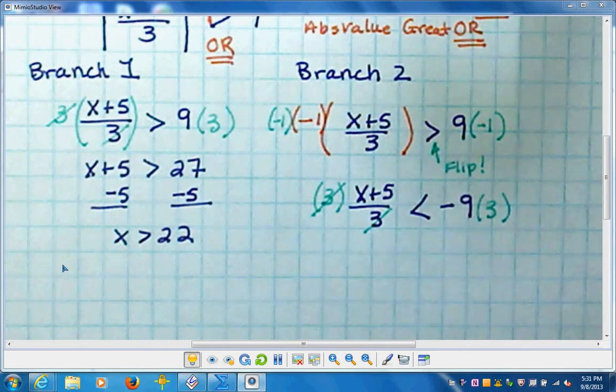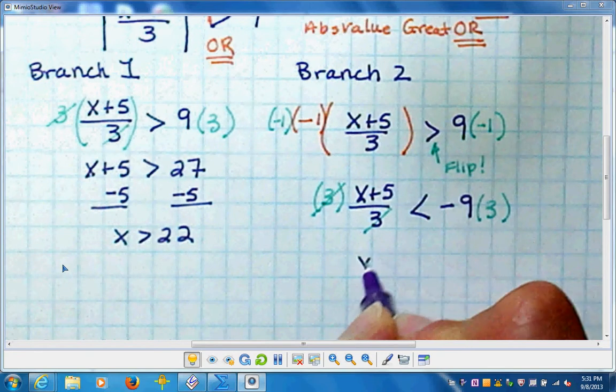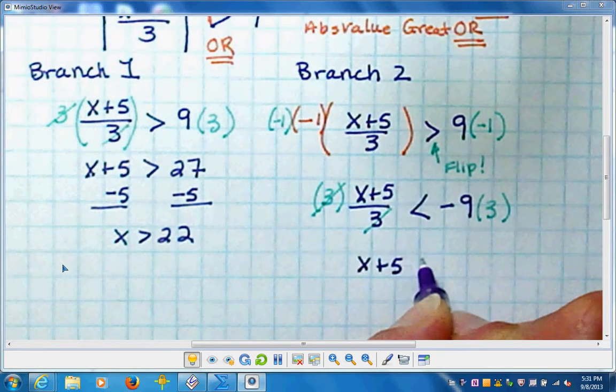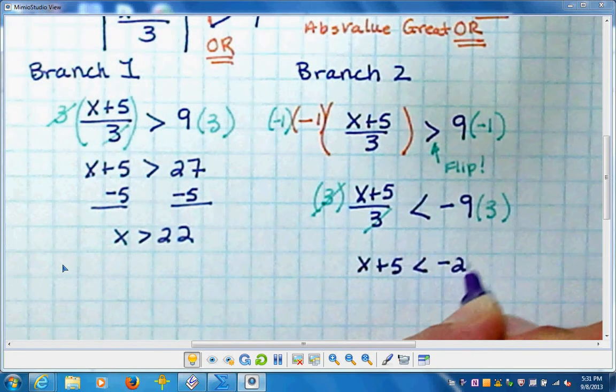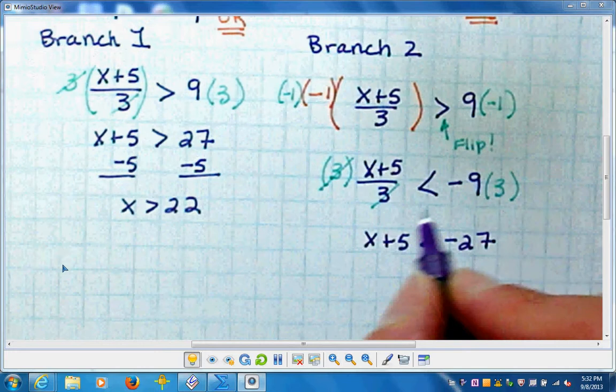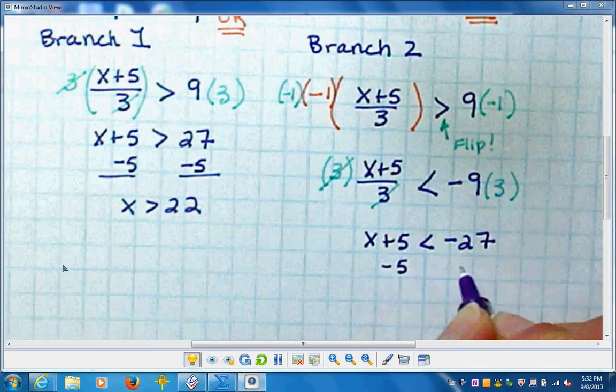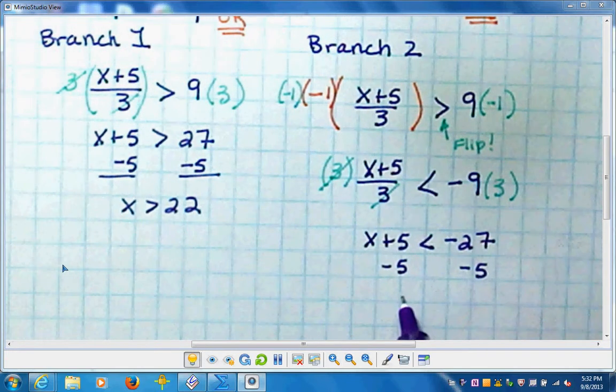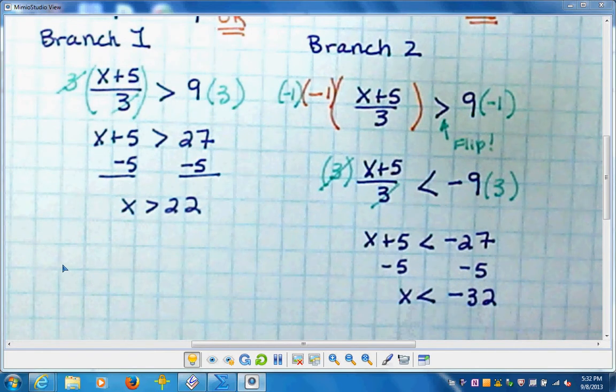That's why we multiplied by 3 on both sides. So I get x plus 5 is less than negative 27. So now I'm going to subtract 5 on both sides. So I'm going to get x is less than negative 32.